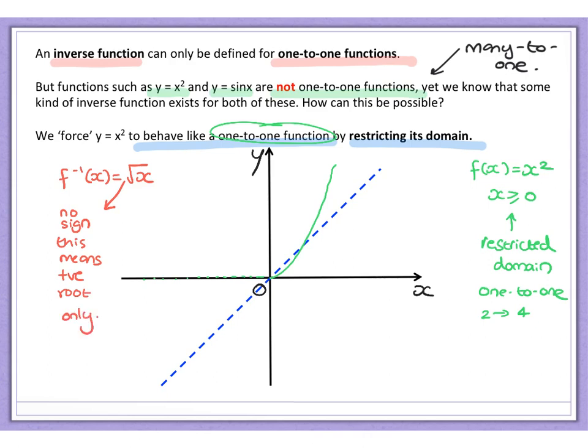And that graph would look like this. So here's the inverse function, and here's the original function. And you will notice that they are mirror images of each other in the line y equals x, which is true of all functions and their inverses.